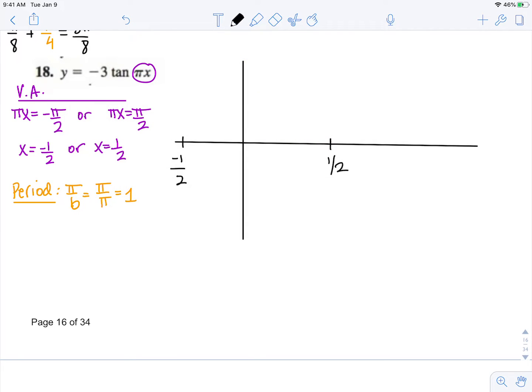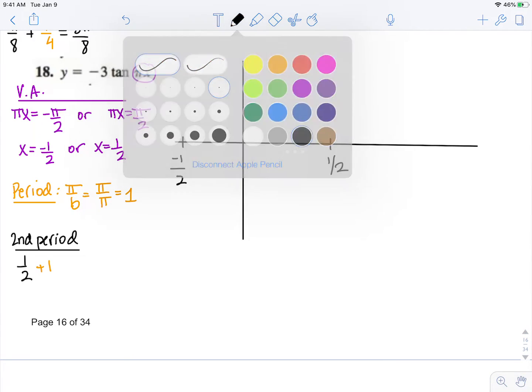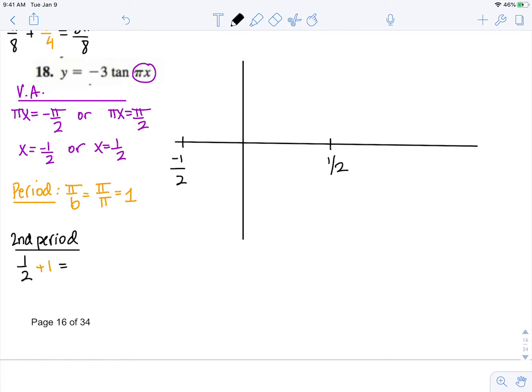So that means the end of my second period is going to be 1/2 plus 1, my period, which is 3 over 2. So we know my second period ends at 3 over 2.